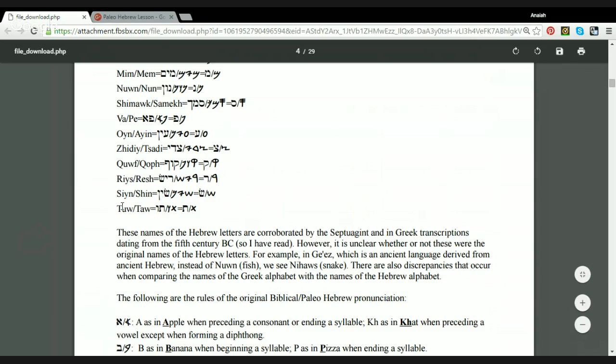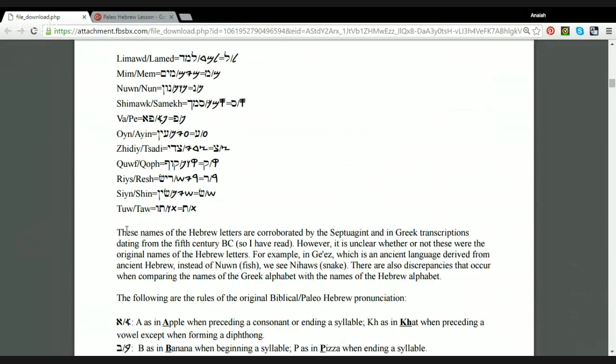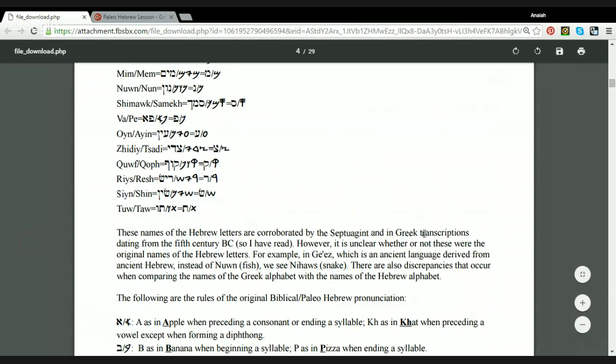So I say these names of the Hebrew letters are corroborated by the Septuagint and in Greek transcriptions dating from the 5th century BC. So I have read. In other words, in the Septuagint these letter names are found, and apparently there are Greek transcriptions dating all the way to the 5th century BC. I read that in Gesenius, the scholar Gesenius.